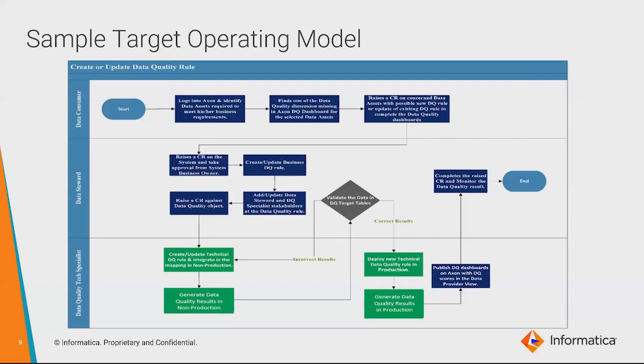That's where our end-to-end CR will complete in Axon, and this completes one sample scenario of BAU. Similarly, there can be other BAU scenarios which can be part of the overall target operating model for such a solution.